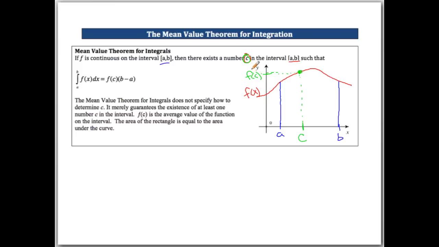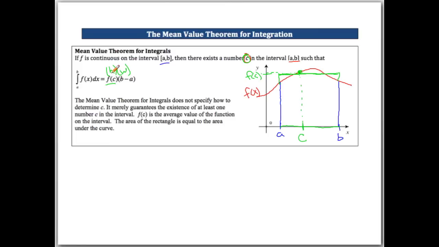Now the reason we want to draw this graphically: f of c is going to be a height, the height of this rectangle right here. And then b minus a, we can think about that as being the width of this rectangle. You see that? So b minus a actually gives you the width of this rectangle.